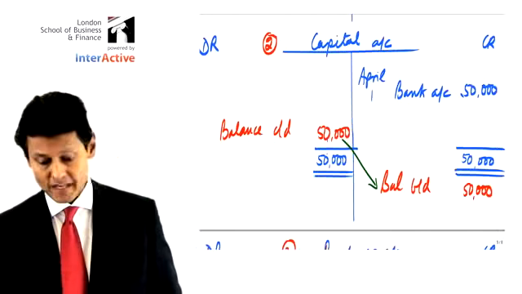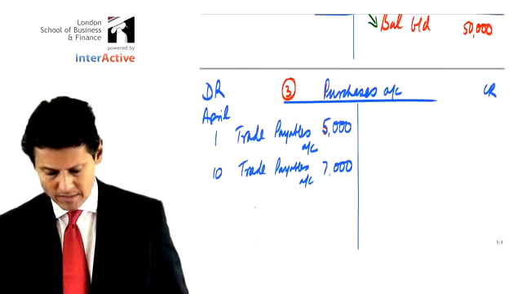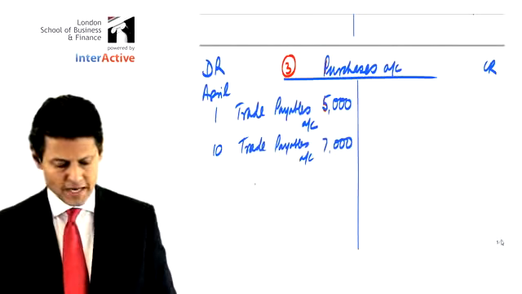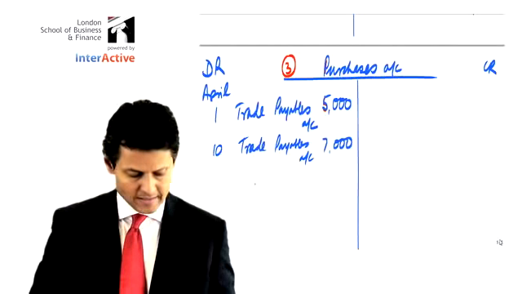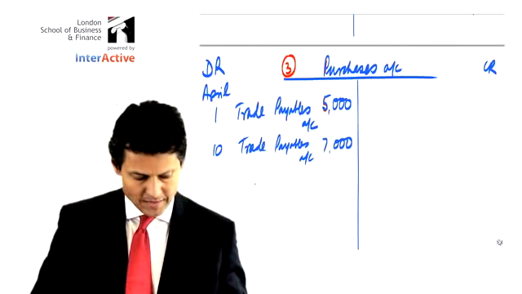We turn our attention next to the sales revenue account. I believe that's the next account. Actually, it is purchases, I apologize. We haven't quite done that yet. So let's get a grip of our purchases account.